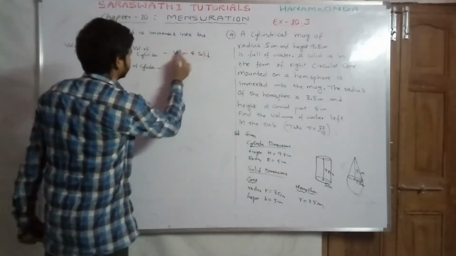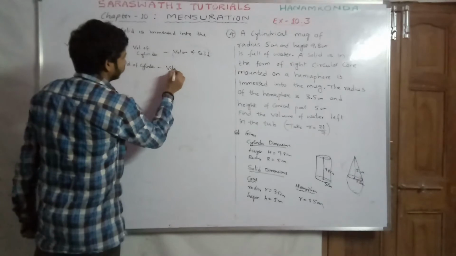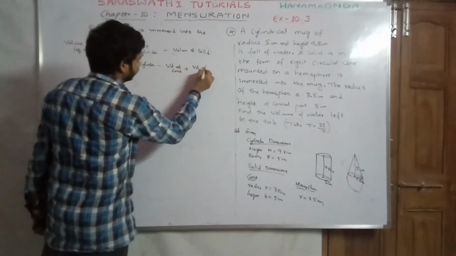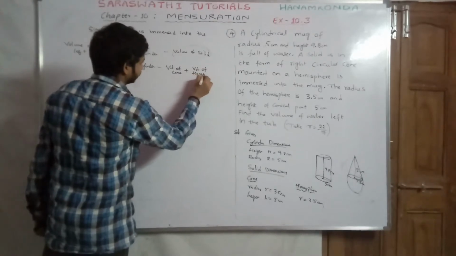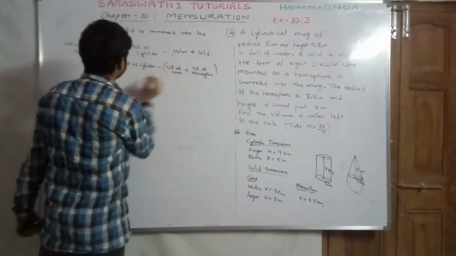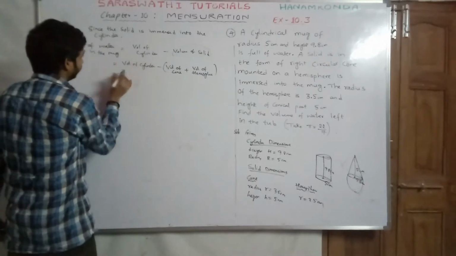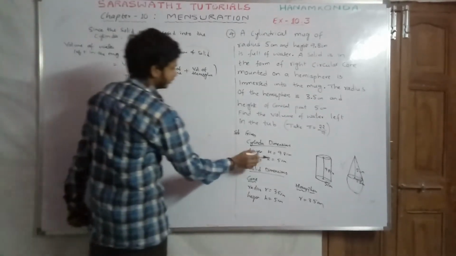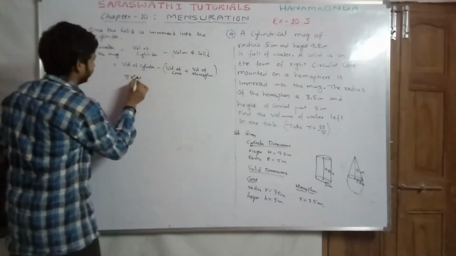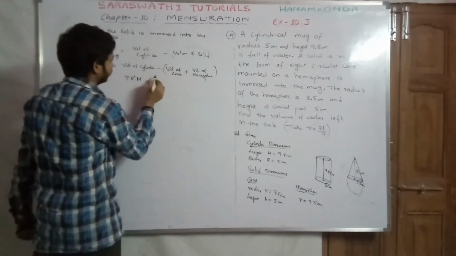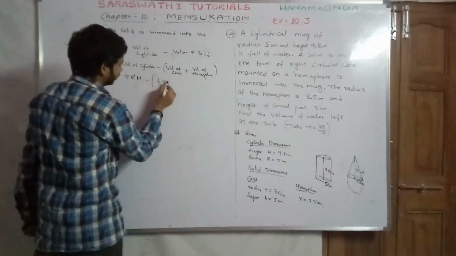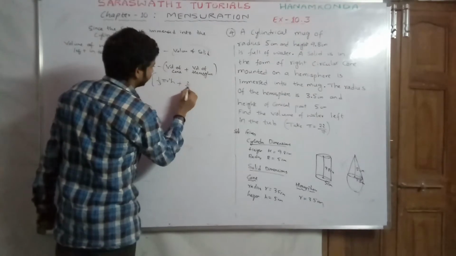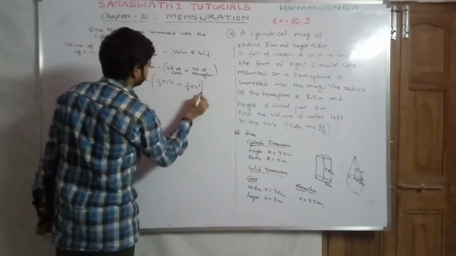The volume of the cylinder is pi R square H, with capital R and capital H. The volume of the cone is 1/3 pi r square h. The volume of the hemisphere is 2/3 pi r cube.